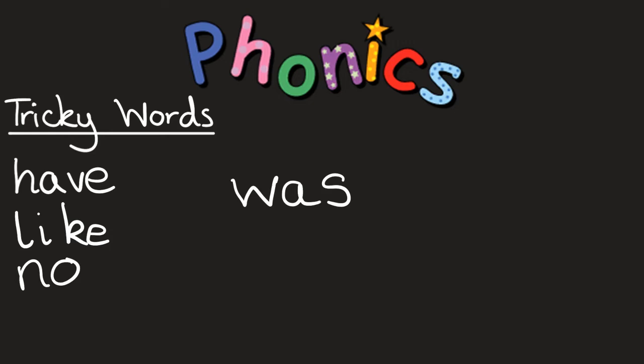In 3, write it as many times as you can. 2, 1, go. 10, 9, 8, 7, 6, 5, 4, 3, 2, 1. Stop writing. Pens on heads. Good job, everyone. Let me see. Brilliant. The word was. A W, an A, and an S. Was. Fantastic work.